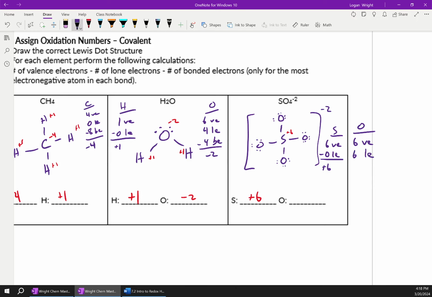And this oxygen has how many bonded electrons? Because the oxygen is more electronegative than the sulfur, I do -2 bonded electrons. 6 minus 6 is 0, minus 2 is -2. Each oxygen is going to end up with a -2 oxidation state. If I add all of this together, 6 minus 8 is -2, so that all works.